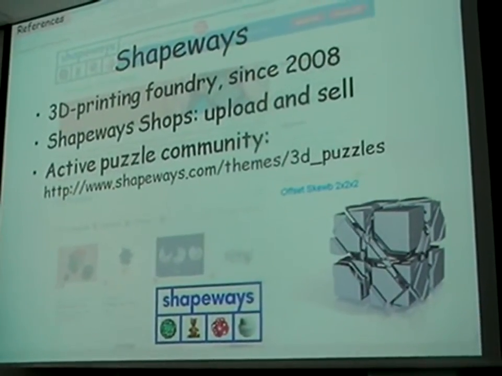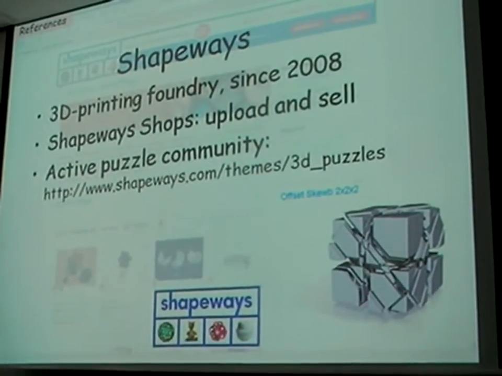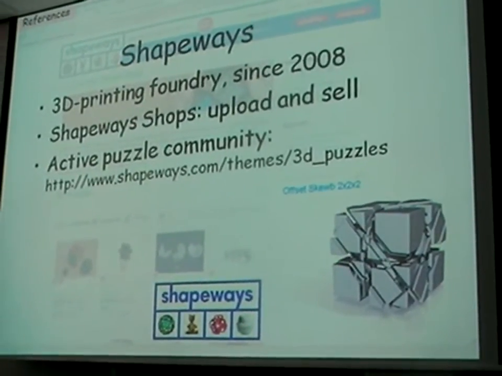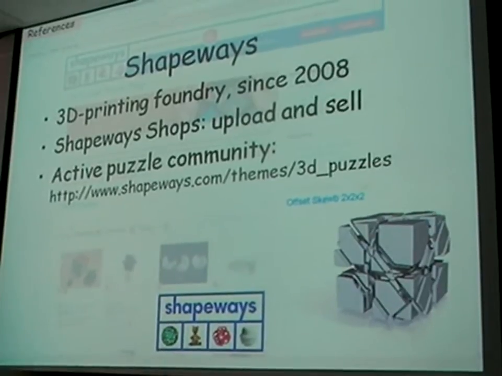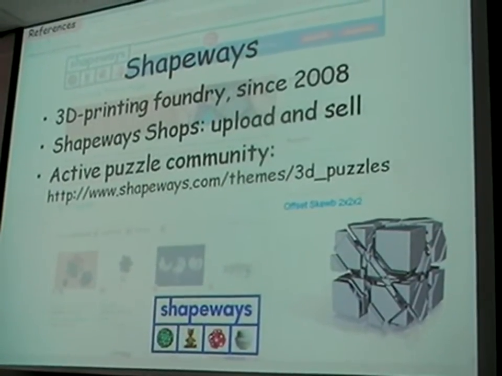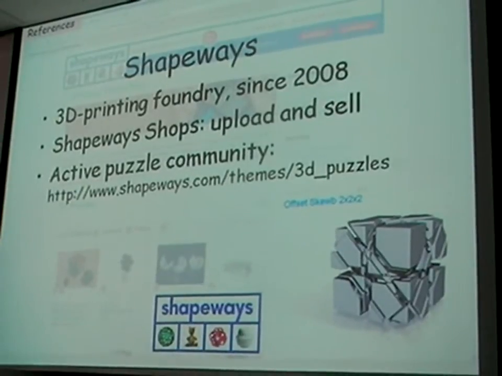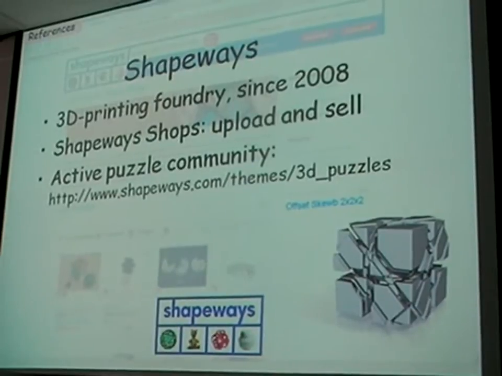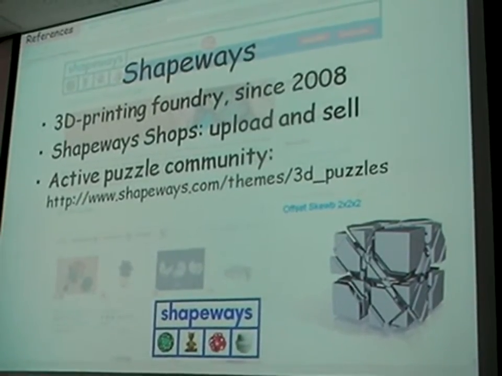Another very useful resource in Twisty puzzles is Shapebase. Shapebase is a company that is actually from Eindhoven. They are about 5 kilometers from here. They have their own 3D printers, and they also have a collaboration with a lot of other 3D printing companies. So what they have is the website.